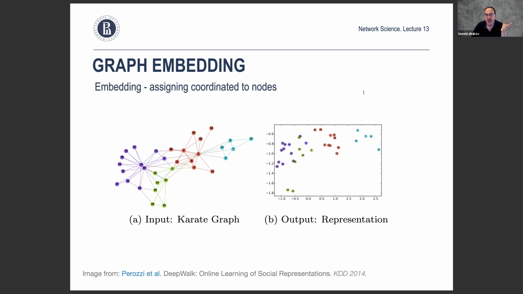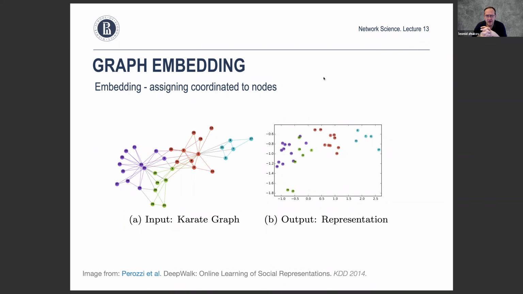Here's an example. Again, it's assigning coordinates to the nodes. This is our favorite karate graph that we looked at before. I've shown you this graph many times. Typically, the layout was designed by, it's usually a spring-based layout, for example.